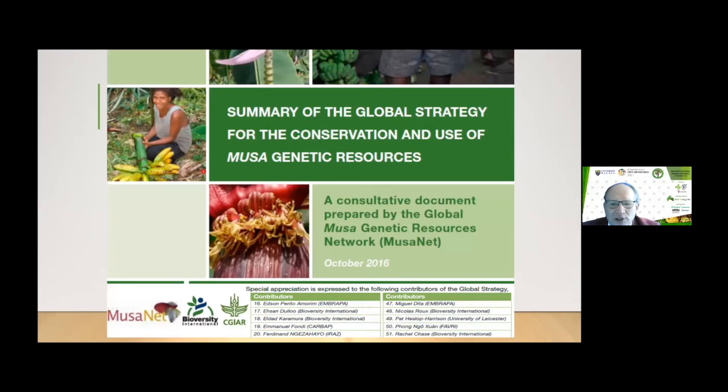And this was a document which about 50 people put together about the strategy for conservation and use of Musa genetic resources.